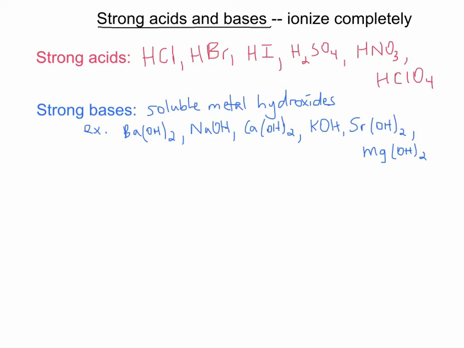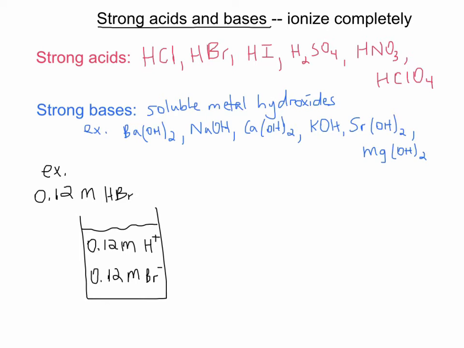There are 6 strong acids listed here, so you should make sure you record these and memorize them. Again, the strong bases are the soluble metal hydroxides. Notice that these all contain a metal, which is the cation, and hydroxide is OH-, so they all contain the OH- anion.